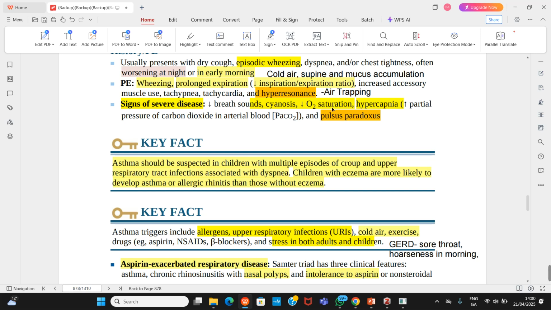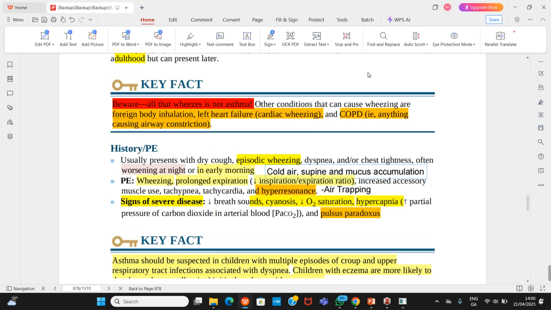There's a problem too if they're having hypercapnia, because if there is respiratory muscle fatigue, the person will not be able to get air out. CO2 cannot come out, so CO2 is retained in the blood, causing hypercapnia. This is a problem because in somebody with acute asthma, we expect tachypnea to get CO2 out.